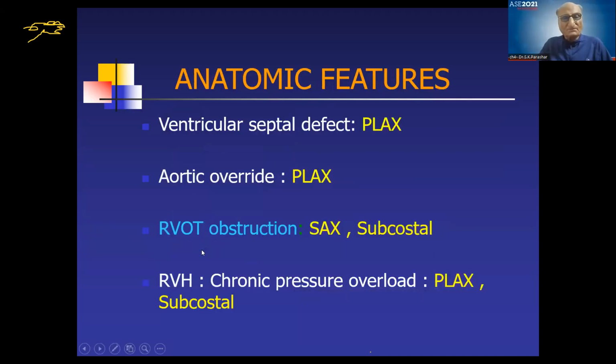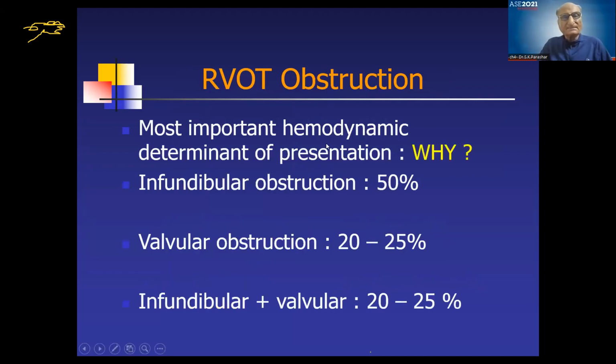Now coming to the RVOT obstruction. This is the most important hemodynamic determination. Why? The greater the obstruction, the greater the pressure of the RV, and the higher the RV pressure, the more will be the shunt from the RV to LV. Suppose there is a mild pulmonary stenosis, then sometimes there may be no shunt from RV to LV, and they used to call it pink Fallot tetralogy.